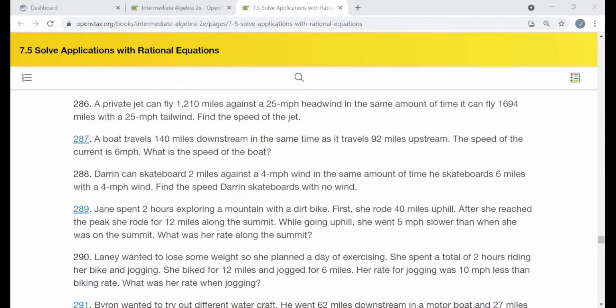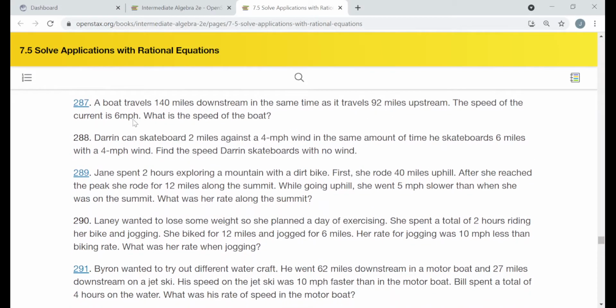All right, so this is very similar, but instead of wind speed, we have the speed of a stream, the speed of water. So exercise 287 reads, a boat travels 140 miles downstream. Now, downstream means with the current, with the water. The water is speeding the boat up.